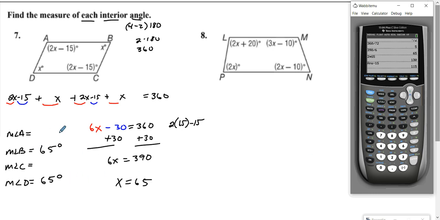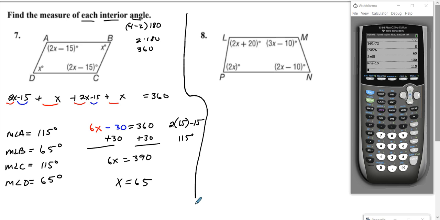So each of these angles is 115 degrees. Okay, so there is that one. Now, you may want to try pausing this and try this before I work the next one out. Pause it, see if you learned anything from this one, and then watch this one.